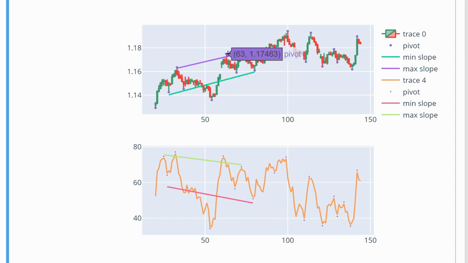Also, these points show a slight increase in value: we have 1.17463 and then 1.17553. But then the maximas of the RSI are showing a downtrend, so it's lower highs of the RSI. So we have a divergence. This area is showing a divergence, no matter what method you are using.